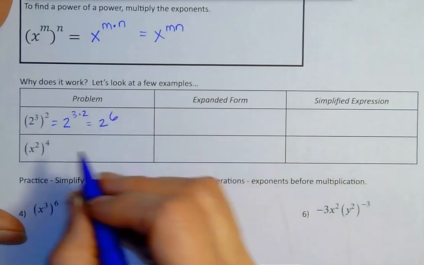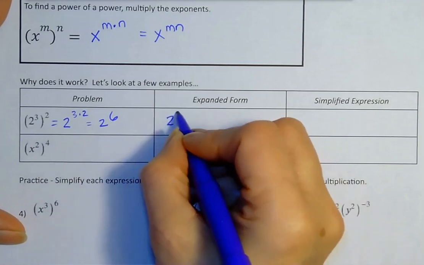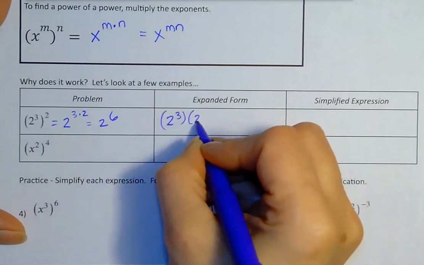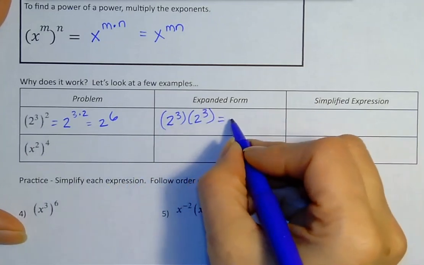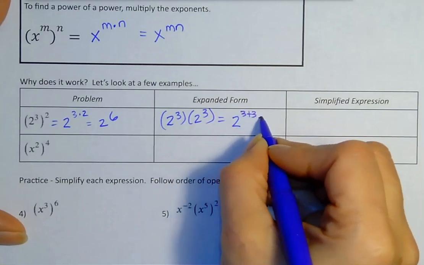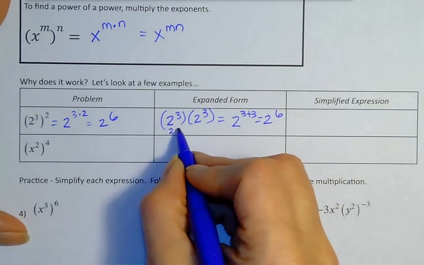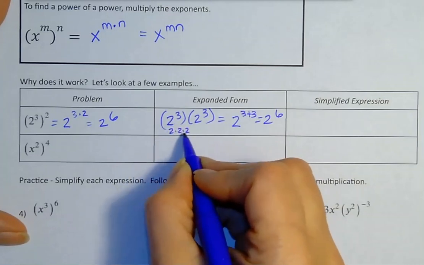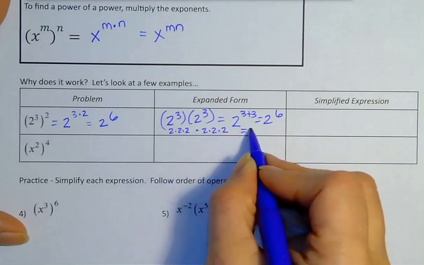So let's see. 2 cubed squared means 2 cubed times 2 cubed, right? Well, if we go back to the rule we just used, that means we keep our base 2, and that's 3 plus 3, so that's 2 to the 6th. Or I can look at it this way, 2 times 2 times 2, that's 2 cubed, times 2 times 2 times 2, also 2 to the 6th.